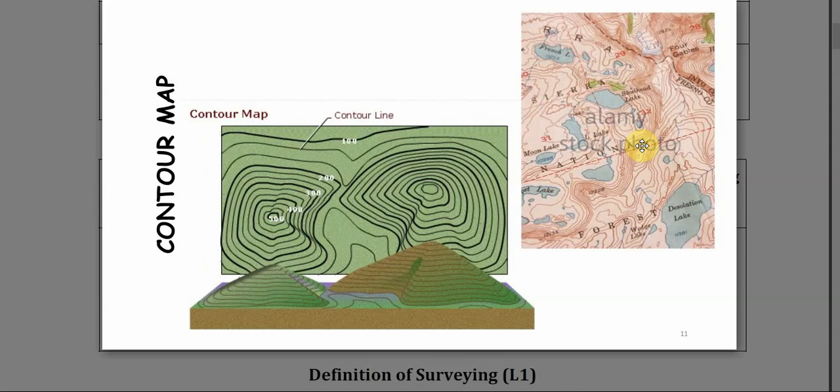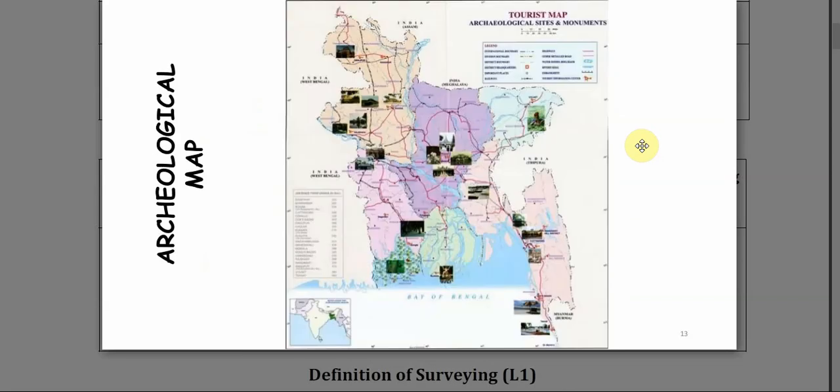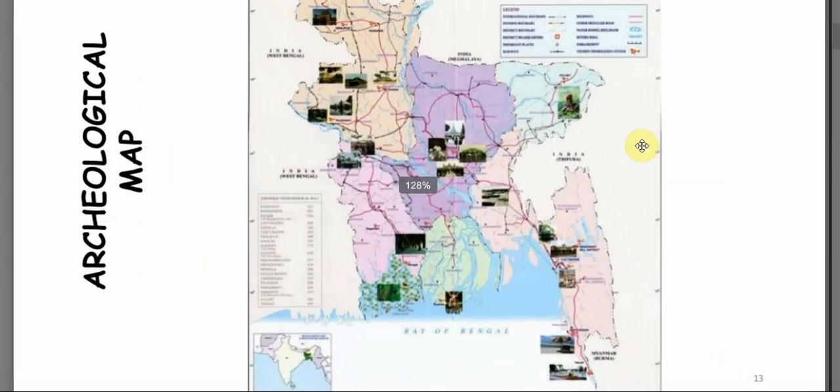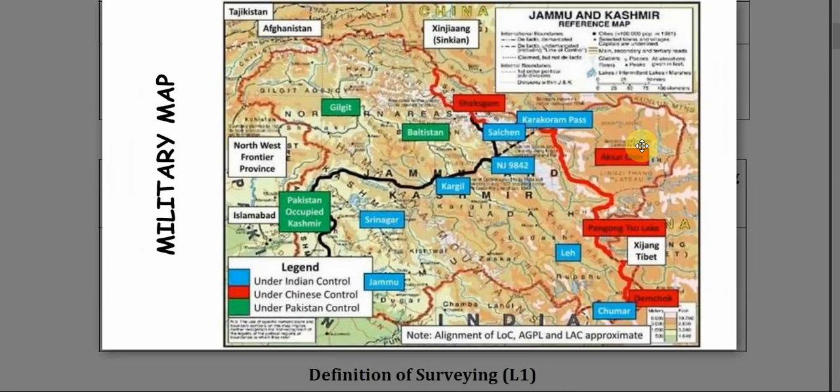This is a contour map. This is a geological map of India showing deposits of different types of rocks all over India. This is an archaeological map showing archaeological sites. This is a military map showing different posts, line of control.